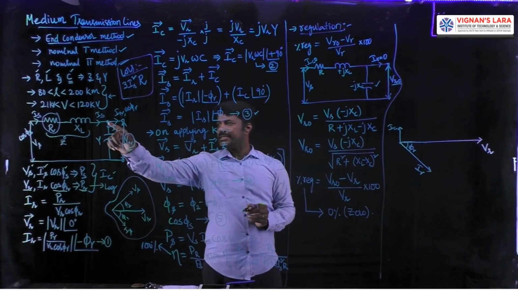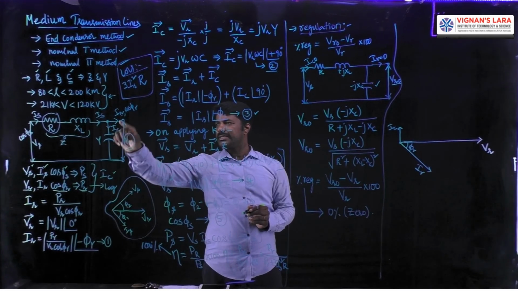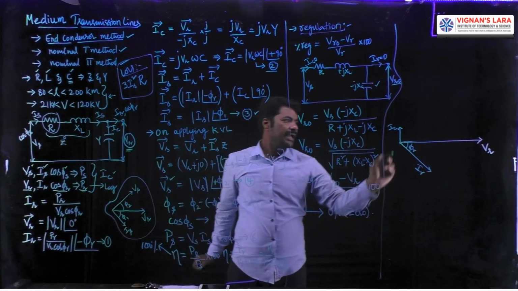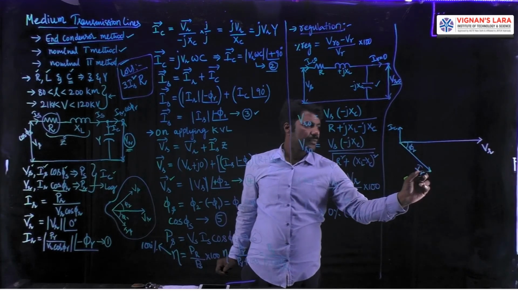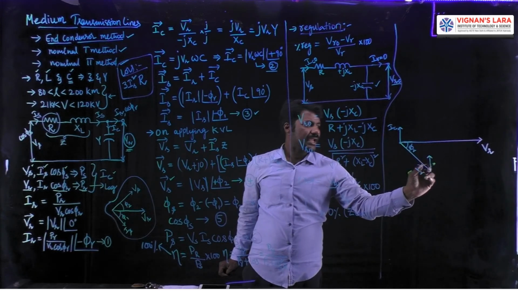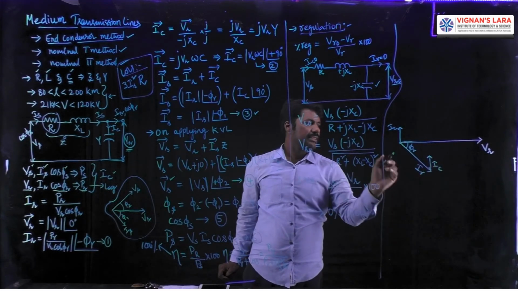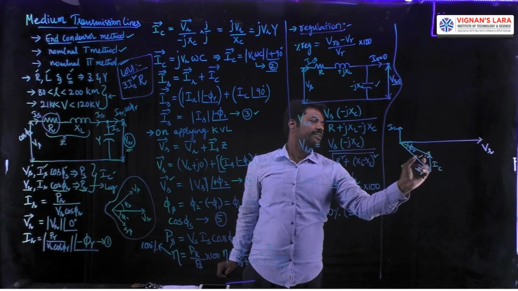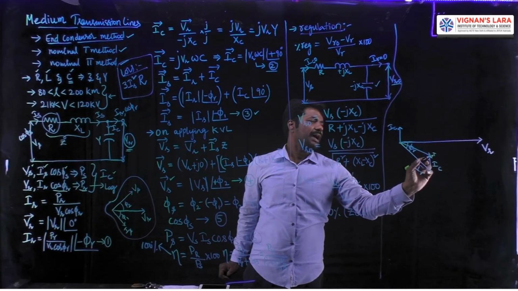But as per KCL, I have to add this IC and IR to get this IS. Then construct a parallelogram nearer to this IR so that this line is IC. The resultant what you get here, if you check it clearly, is IS.